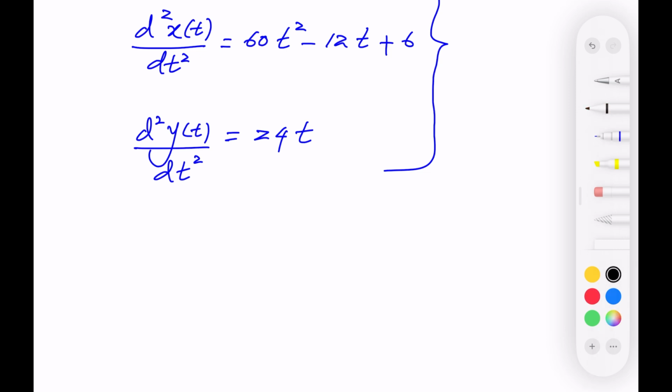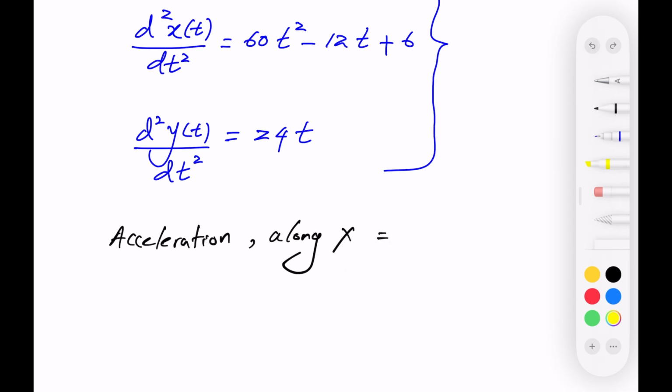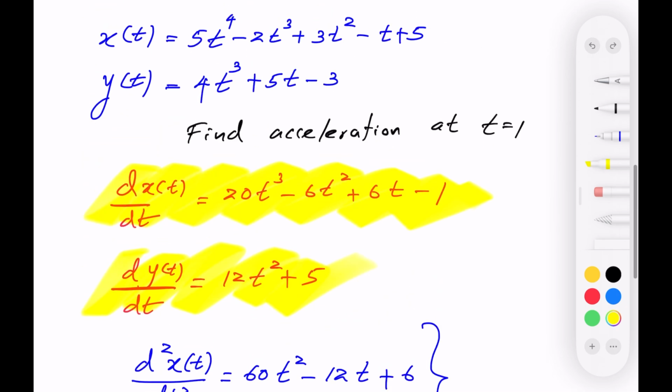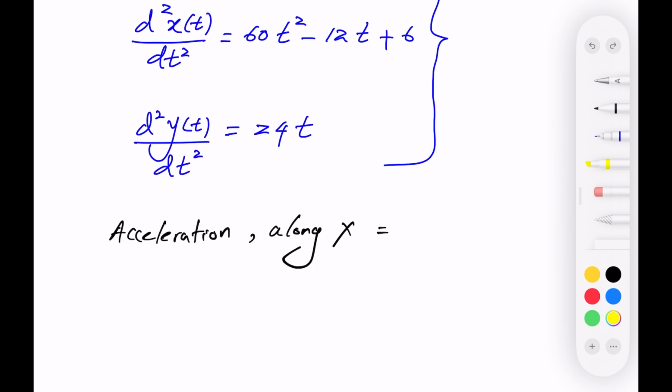So, acceleration along the x-axis should be equal to, we need to find the acceleration at t equals 1. Therefore, in order to find the acceleration along the x direction, we need to substitute t equals 1 in this equation. When we do that, we get 60 times 1 minus 12 times 1 plus 6, which is equal to 54.